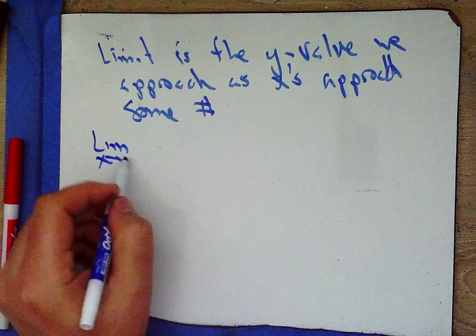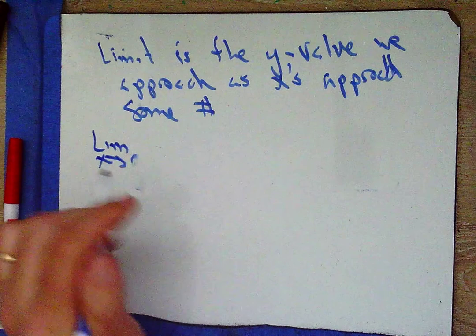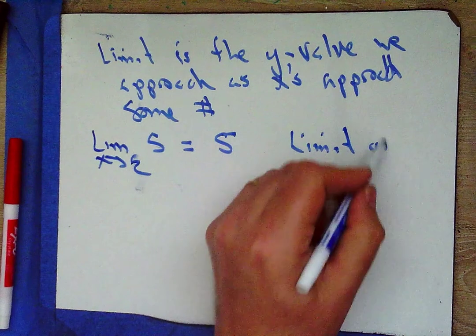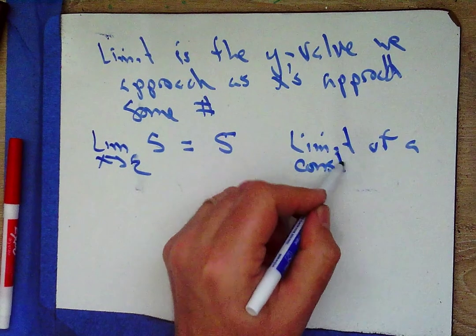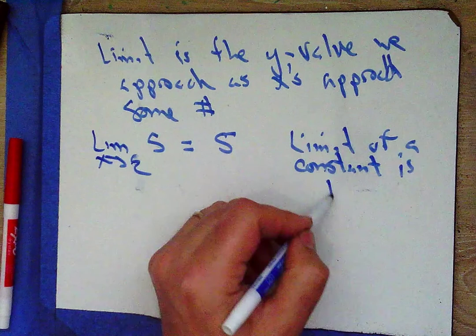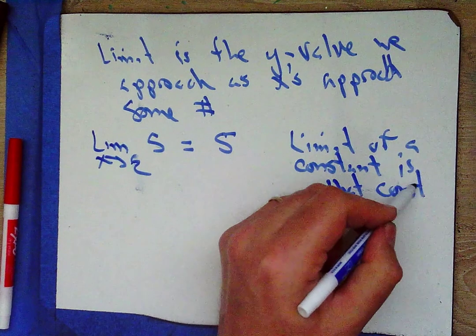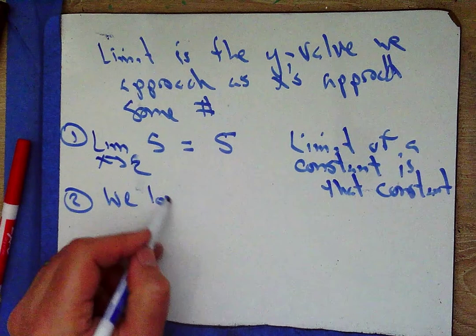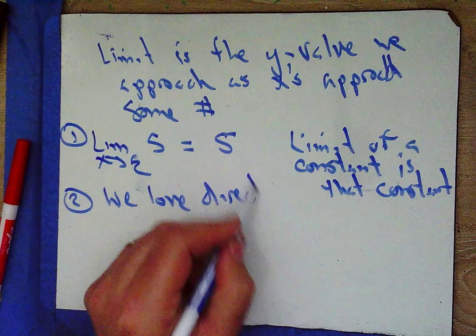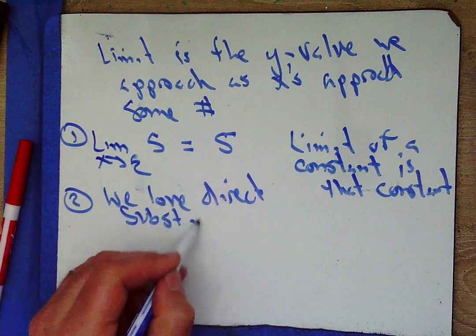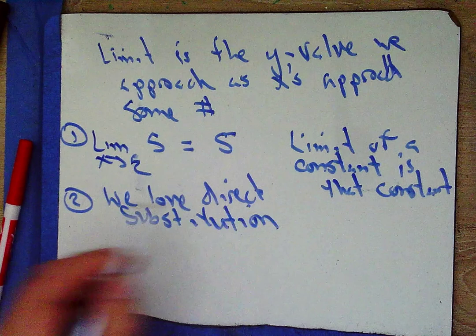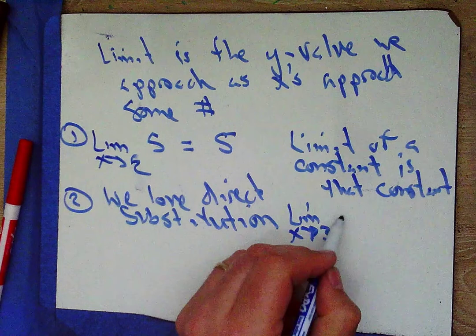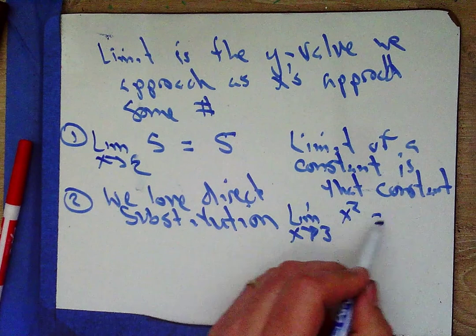And we know some things about evaluating limits. First, limit as x approaches 2 of 5 equals 5. We know the limit of a constant is that constant. We love direct substitution. For example, the limit as x approaches 3 of x squared is going to be 3 squared.